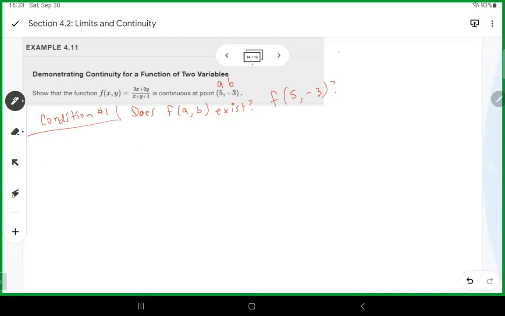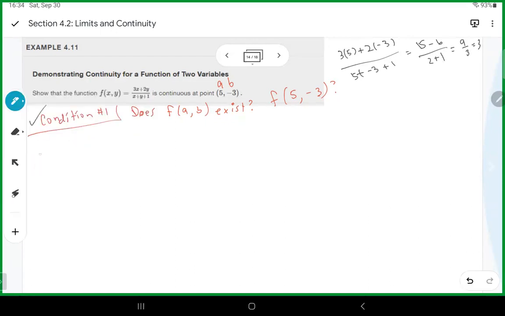So that would be 3 times 5 plus 2 times -3 over 5 plus -3 plus 1. So that ends up being 15 minus 6 over 2 plus 1, which is 9 divided by 3, which is 3.